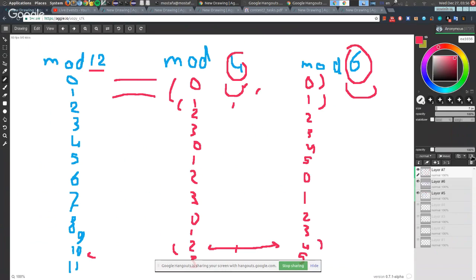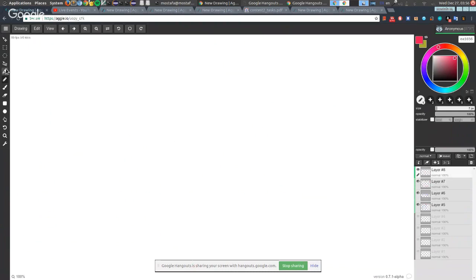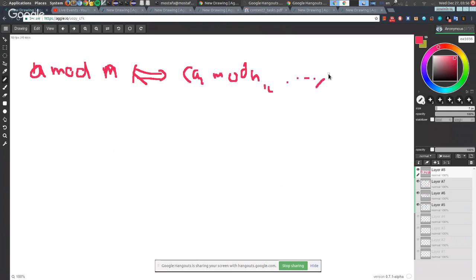So we'd like to solve a problem where, once we have A mod n, we transform it to A mod n1 and so on.